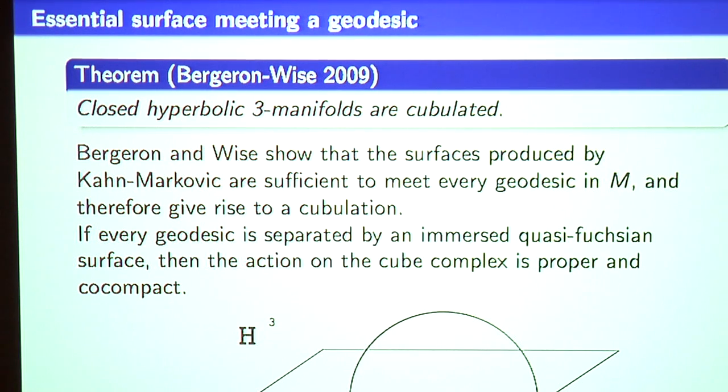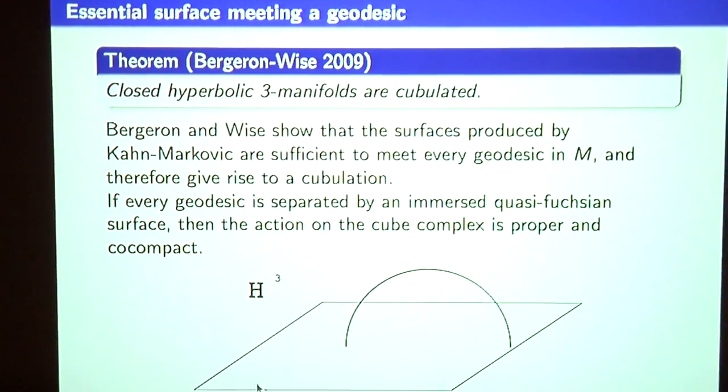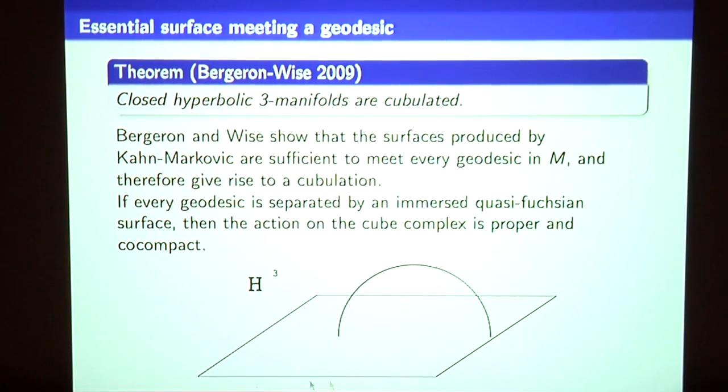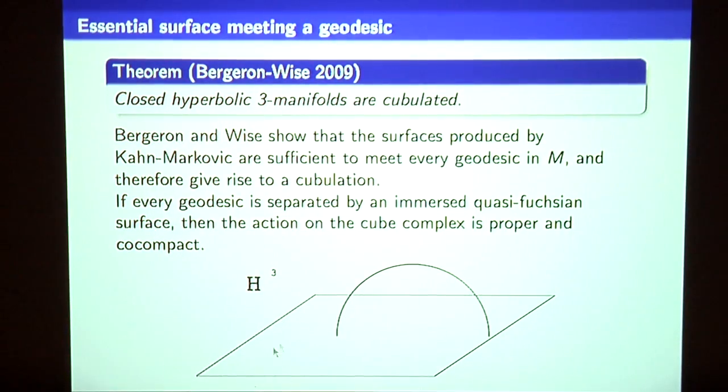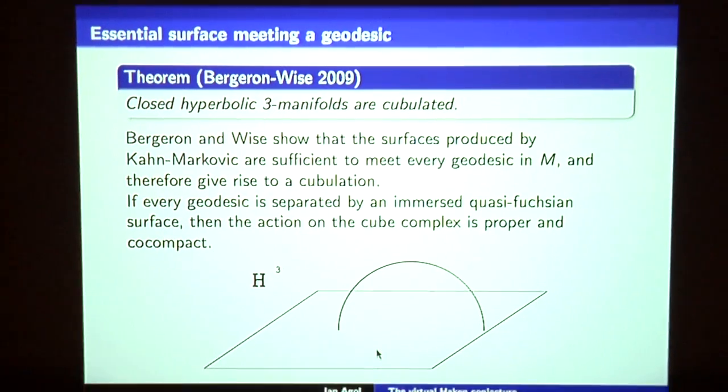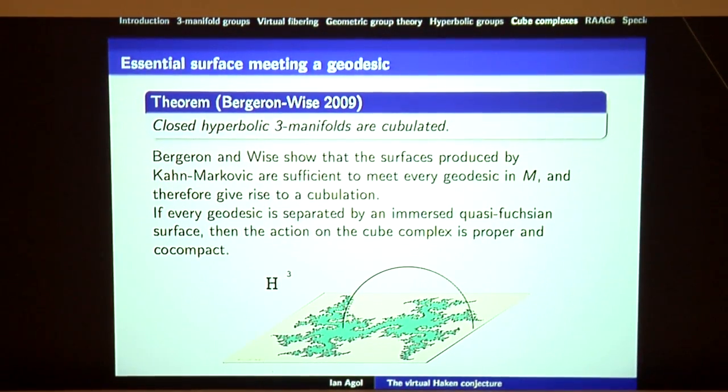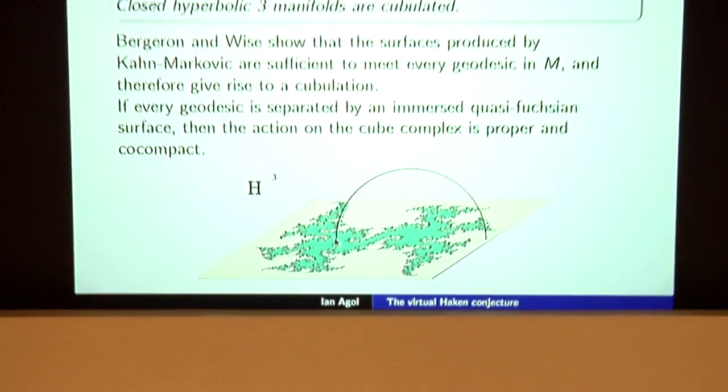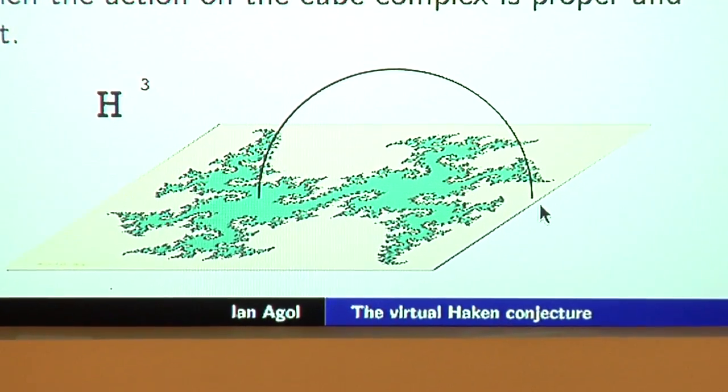What I mean by that is, for every geodesic in hyperbolic space, for any circle separating the endpoints, Kahn-Markovic can provide a quasi-Fuchsian group which gets very close to that. Well, this is not close to a circle, but here's a quasi-Fuchsian group that separates the two endpoints.